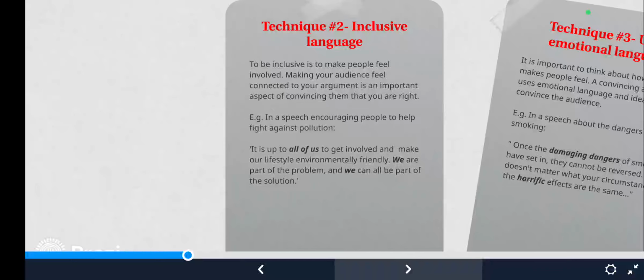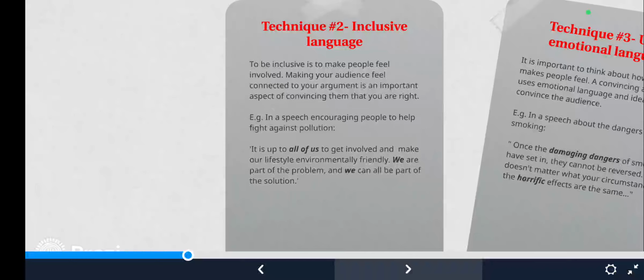If you use inclusive language, you as the seller can try to use language in which the user feels involved. For example, in a speech encouraging people to help fight against pollution, you can say something like this: It is up to all of us to get involved and make our lifestyle environment friendly. We are part of the problem and we can all be part of the solution.